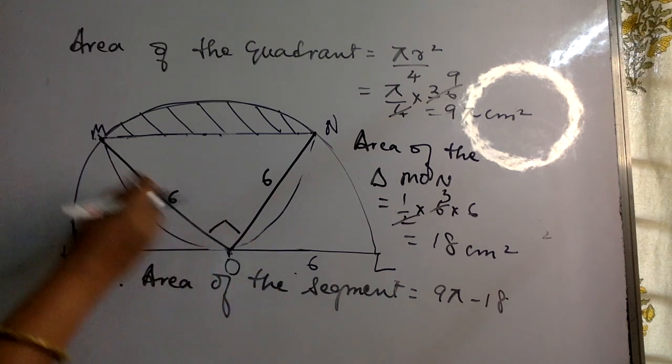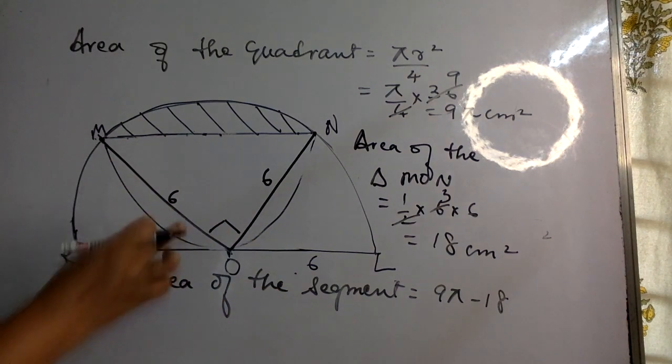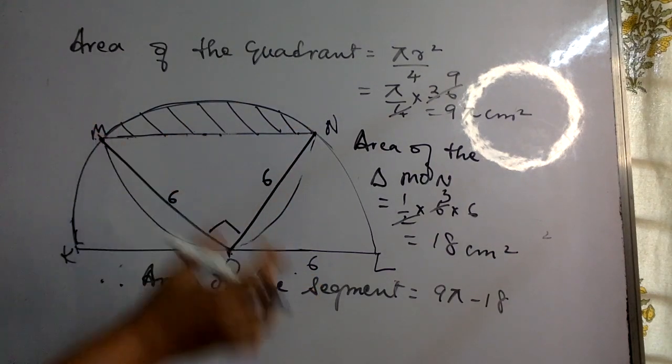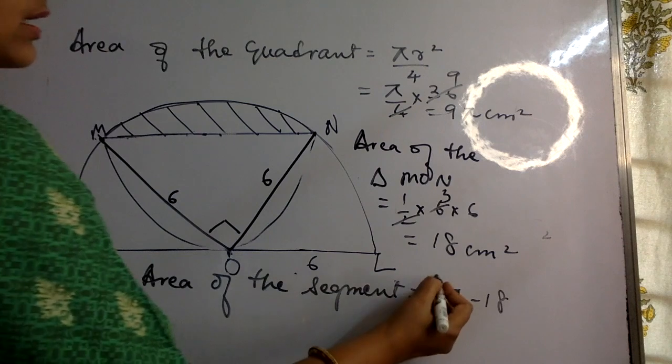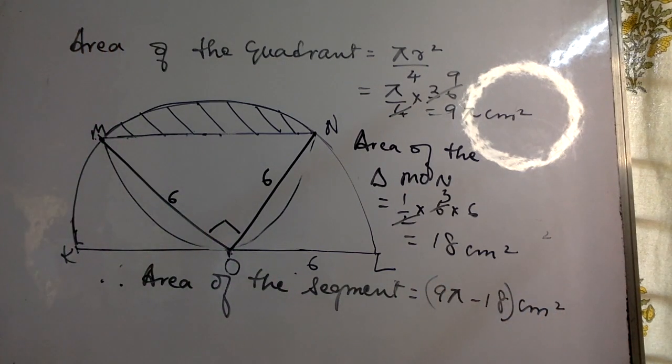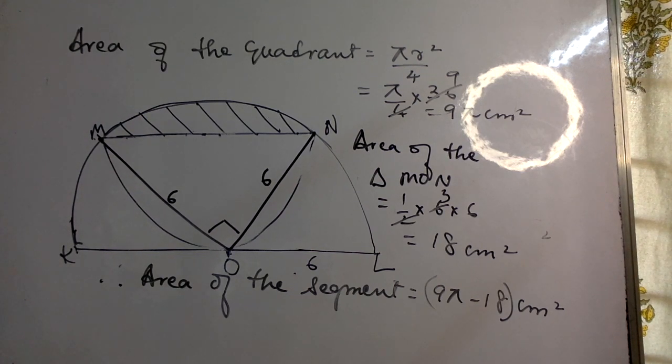Because the full quadrant is 9 pi as we have got it, and this much is 18. So it is 9 pi minus 18 centimeter square is my answer, and they have also told us to get the answer in terms of pi.